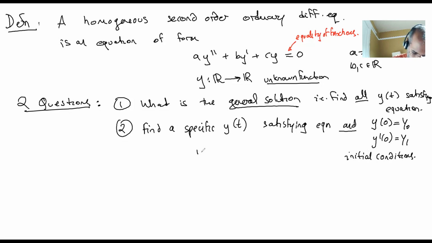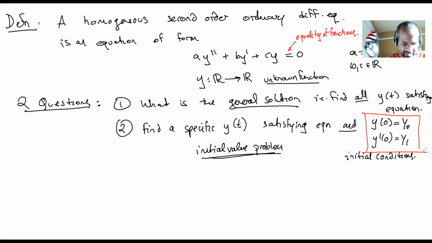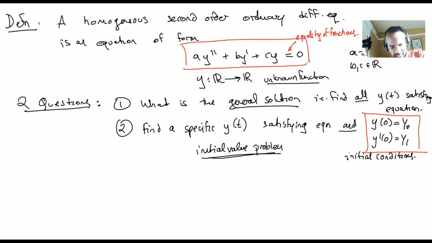This is called an initial value problem. This is the obvious problem in physics: if I start the spring with some velocity and position, what's going to happen? Then I have these additional initial conditions. So this is the type of equation, and these are the two types of questions that I want to ask about it.